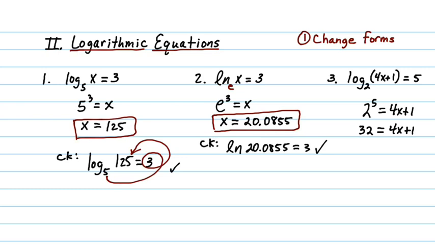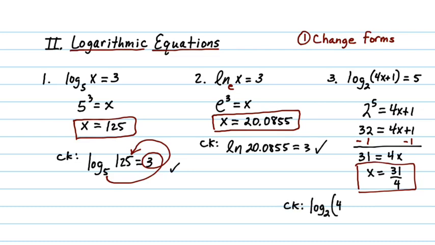So now we just have to solve this two-step equation. We're going to have to subtract 1 on both sides. We get 31 equals 4x, and we'll need to divide each side by 4. Our answer is 31/4.